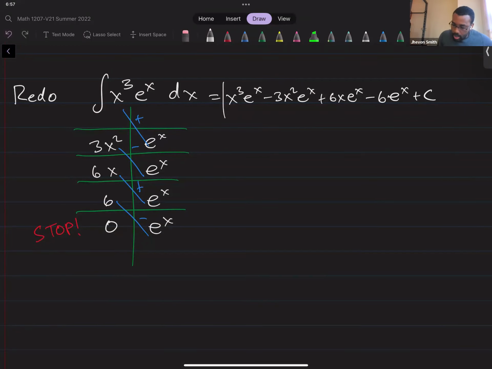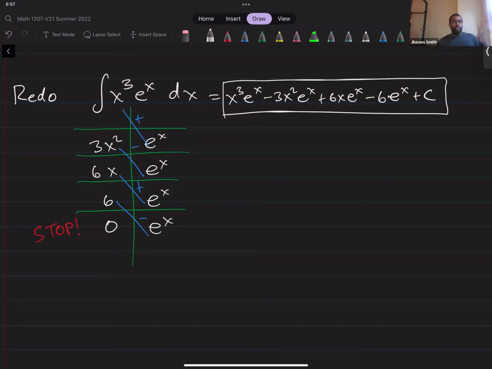So that's called tabular integration. And it's really just a streamlined version of integration by parts that's particularly useful when you're going to end up in a situation where you have to do repeated integration by parts. But it is integration by parts, which means it'll work even in cases where you don't need this.